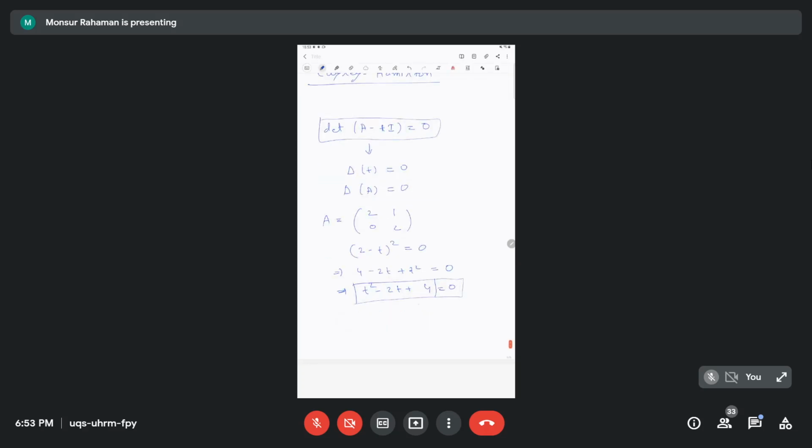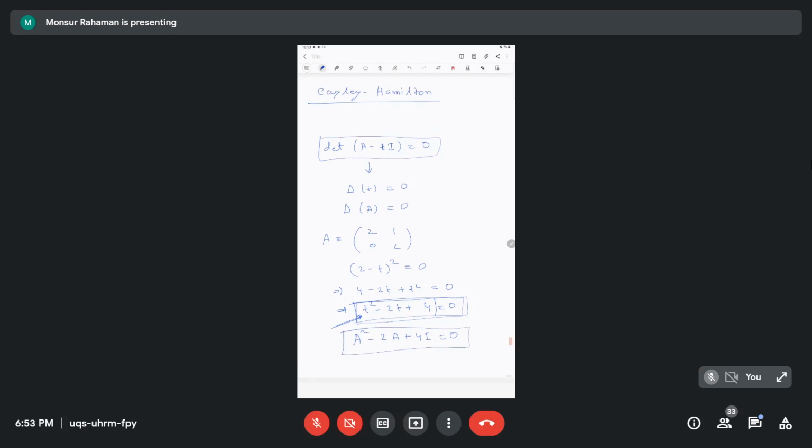This is a polynomial, and whatever value satisfies that equation we call a root. So a will satisfy this equation: a square minus 4a plus 4i equals 0. You can check it. This is the theorem.